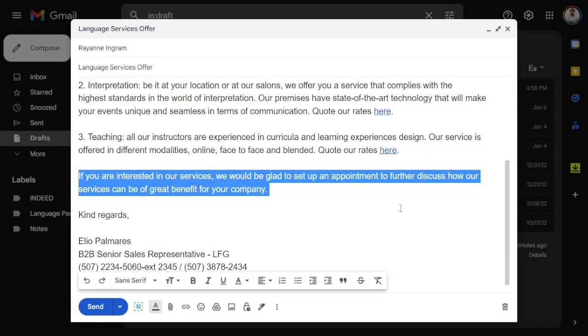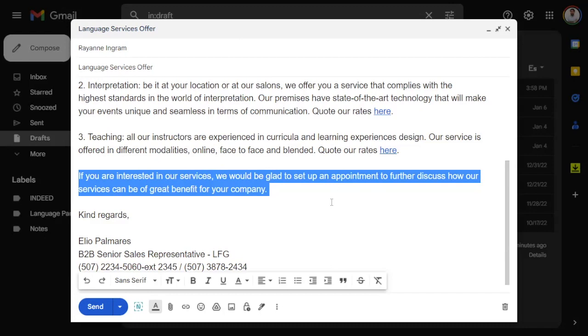If you analyze this structure, this person is following very simple steps to clearly communicate what an informative email is supposed to communicate: characteristics, processes, probably costs, etc.